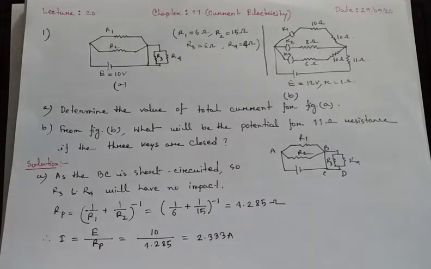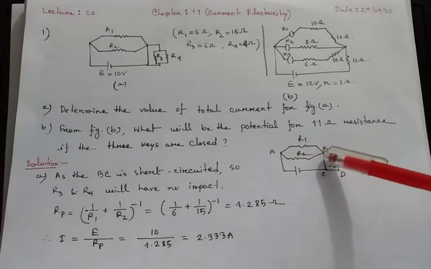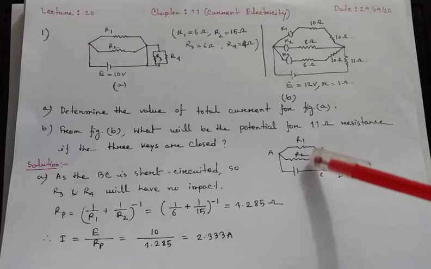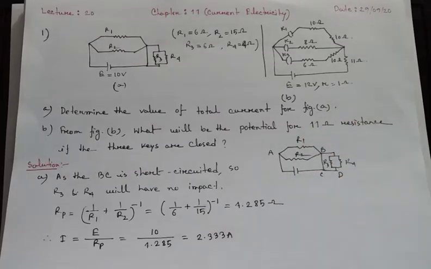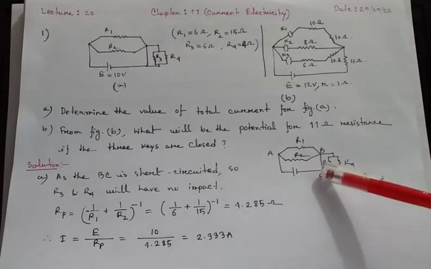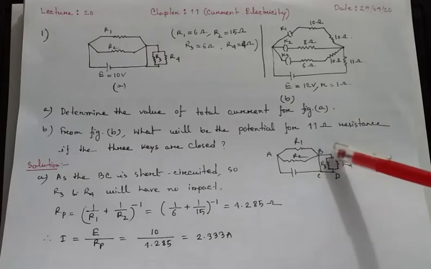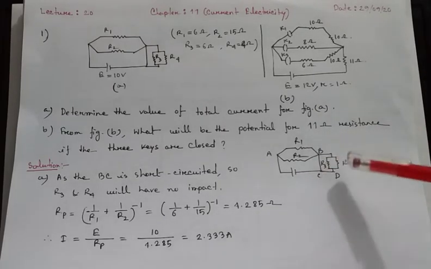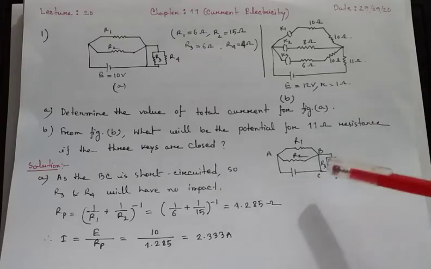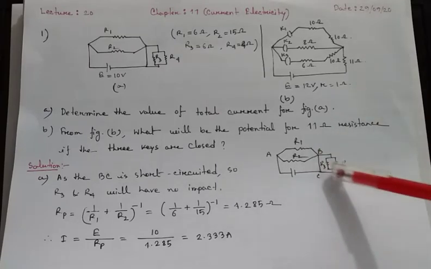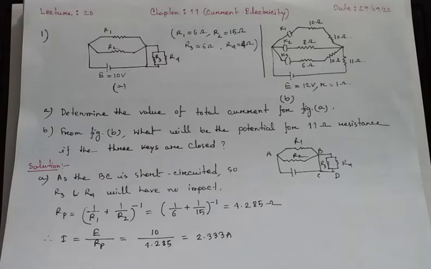So boys, if you observe here, from point A and B there are two parallel resistors. That means we can make an equivalent resistance here. But if we approach from B to C, there are two ways, B to C and B to D. B to C is a short circuit. So the B to D path is not effective here, because whenever current gets a short circuit, it will pass through that way, not through any resistor, as it is getting a straight way.